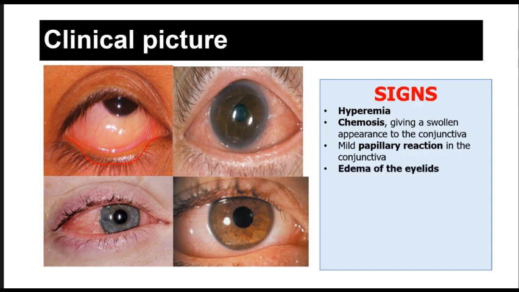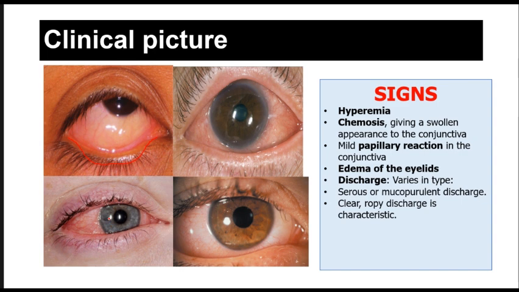Alright, apart from that, you can have edematous eyelids. This is more so common in case of an atopic keratoconjunctivitis, but it can occur in case of allergic conjunctivitis as well, more so because of the constant rubbing of the eyelids. Then we can have discharge. Discharge could be serous, rarely it could be mucopurulent as well, but a clear ropey discharge is something which is characteristic of ocular allergy.